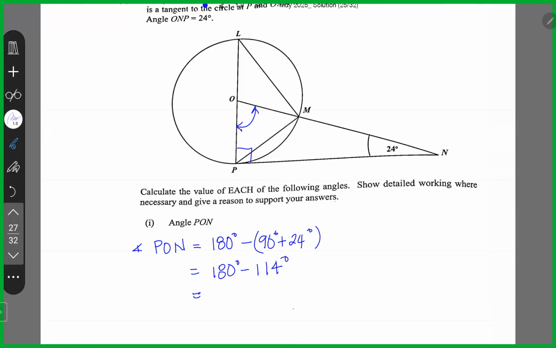This angle here is 66 degrees. So this is 66 degrees.